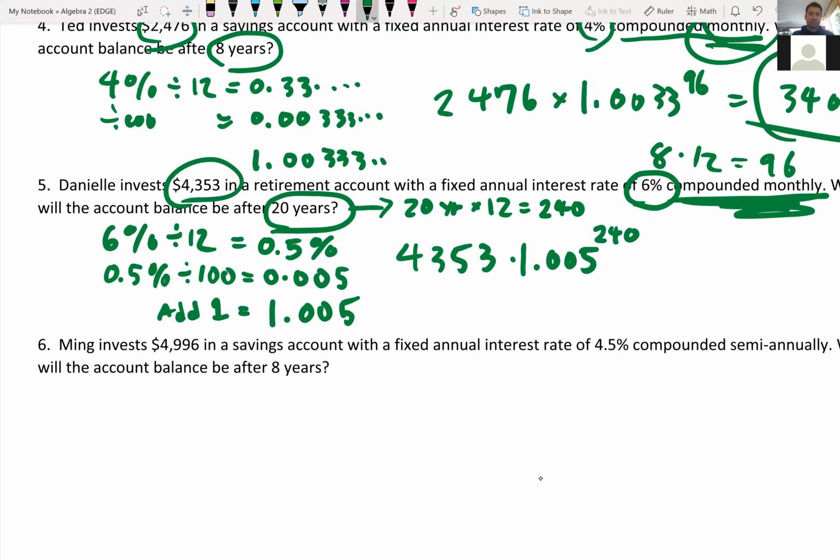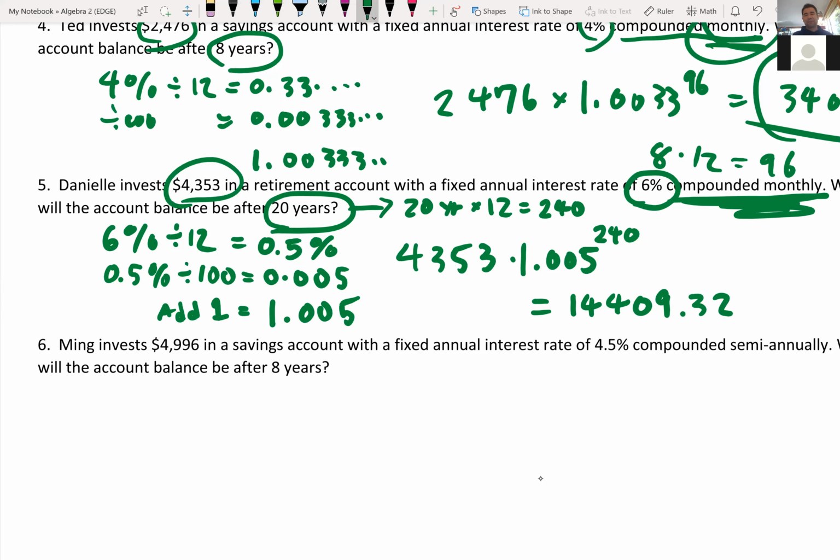4353. You will end up with 14,000. And that's if you just leave the 4,000 and don't add anything to it, don't subtract anything from it.